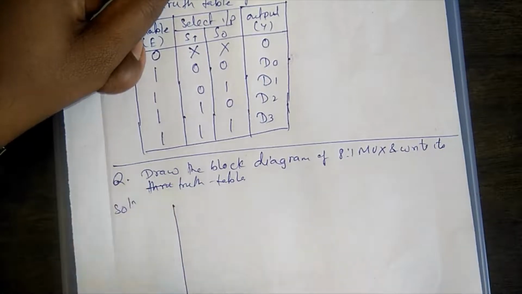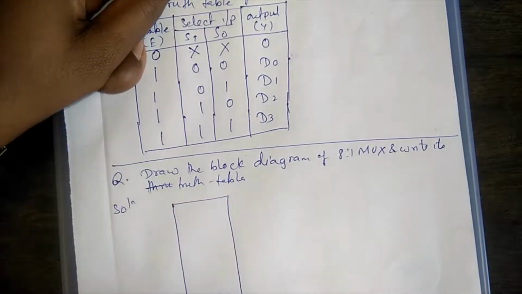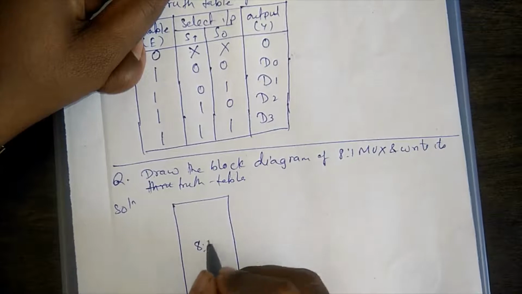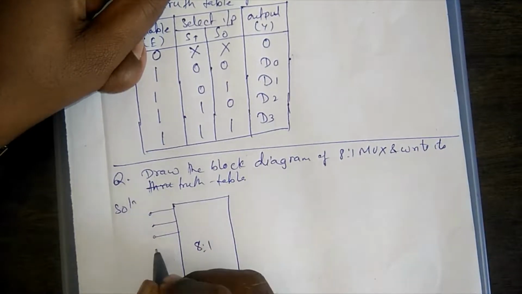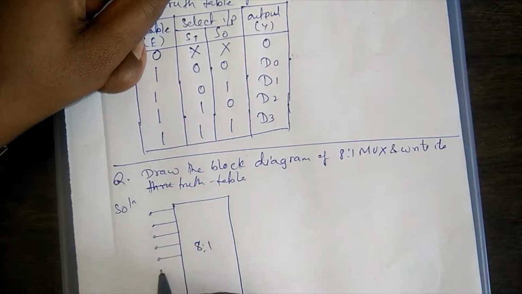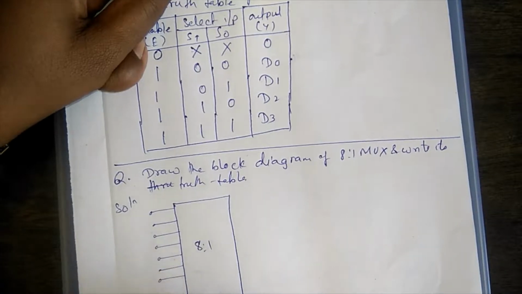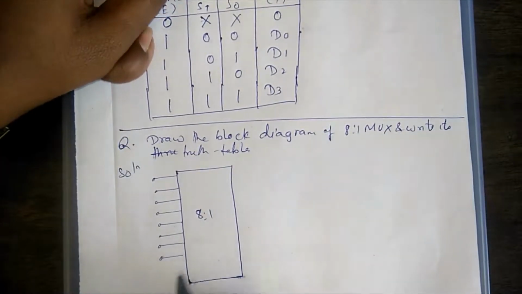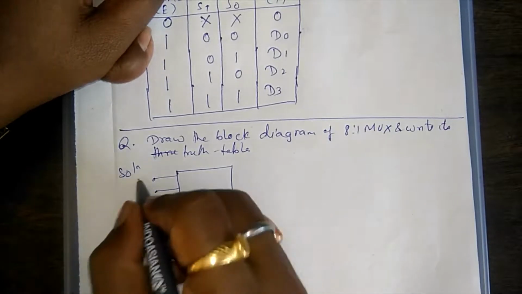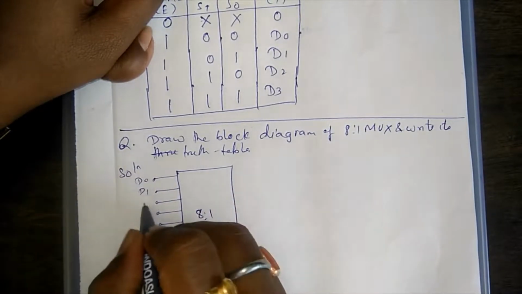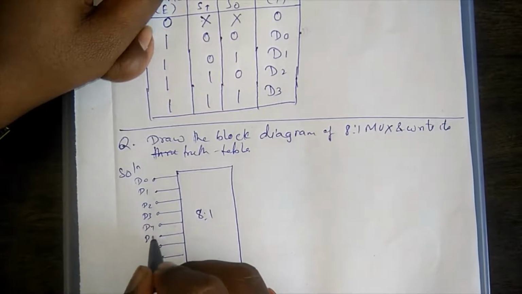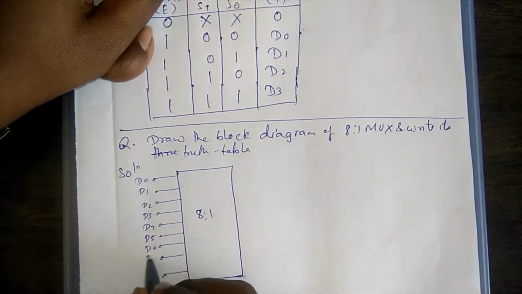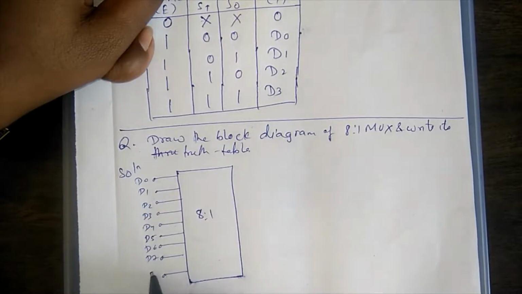Okay, so the solution, we will draw this. 8:1 means 8 inputs: D0, D1, D2, D3, D4, D5, D6, D7. Okay, 8 inputs, 1 output.